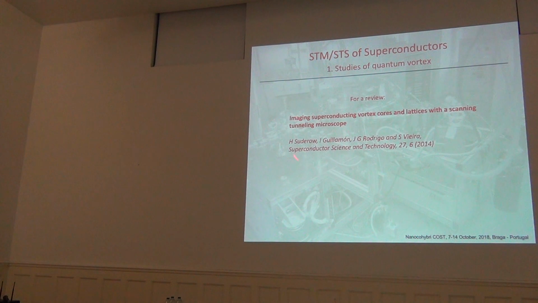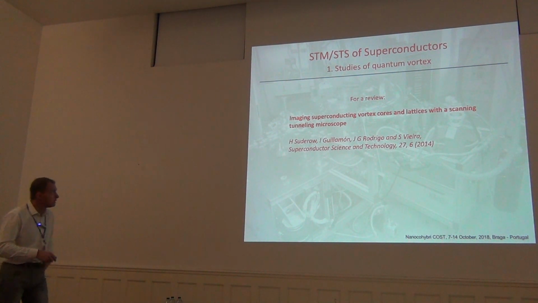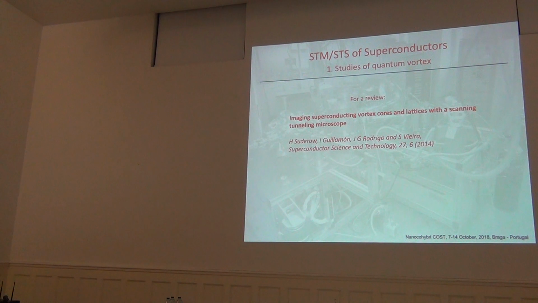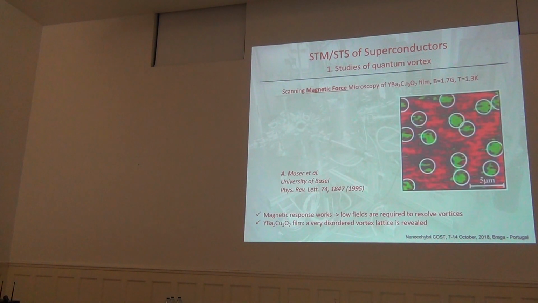So for a review on vortex physics in conventional superconductors, I can suggest this Herman Sudarov and Sebastian Vieira review. And of course, STM is not the only technique to see vortices. Magnetic force microscope was the first to reveal vortices in YBCO, while STM failed.